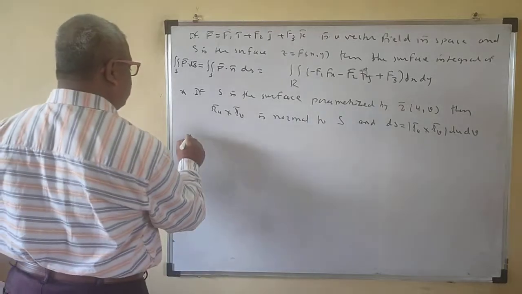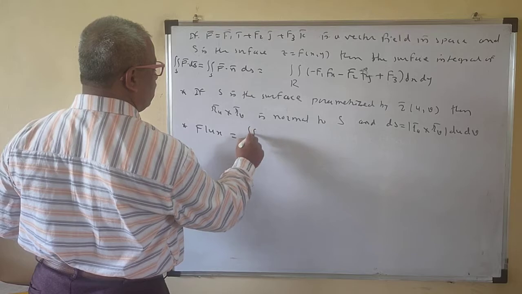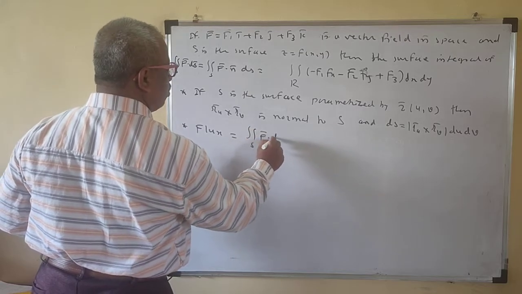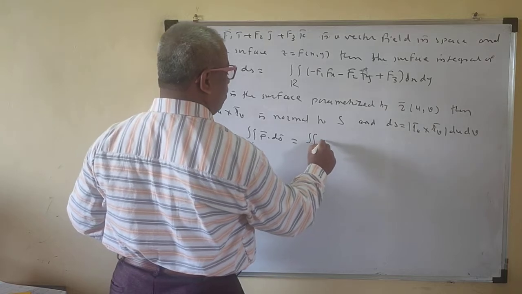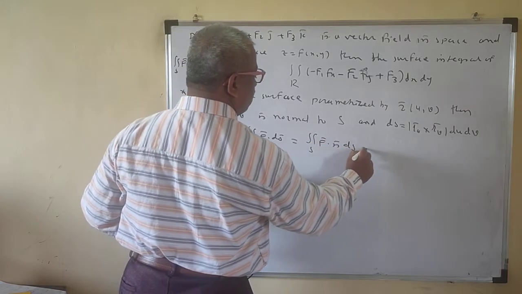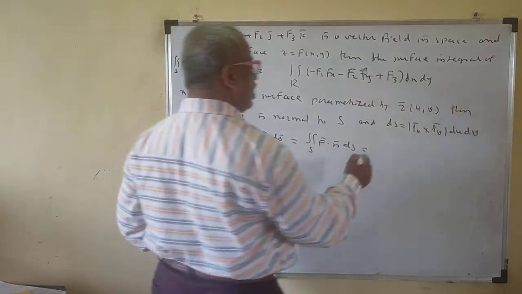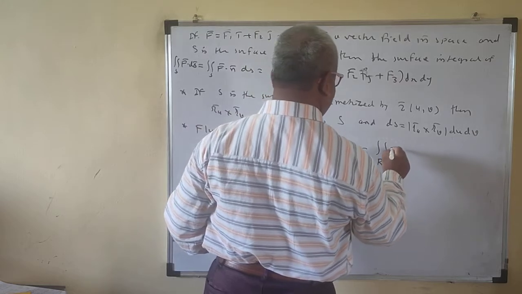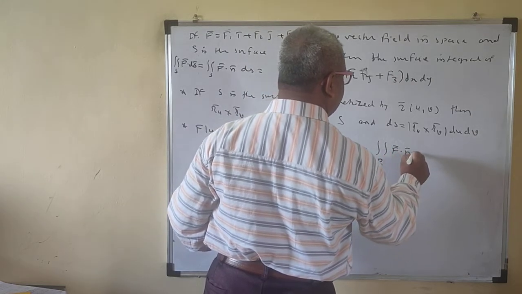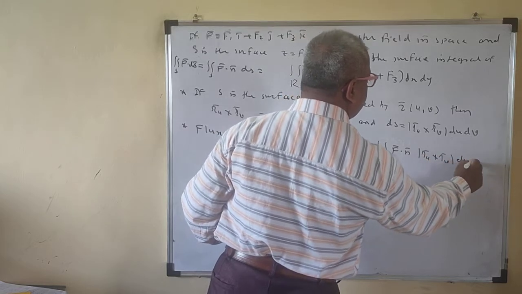So flux is what? Flux is the surface integral over S of f bar dot ds bar. This is the same as double integral over S of f bar dot n bar ds. And this is the same, in terms of u and v, as f bar dot n bar times r u bar du dv.